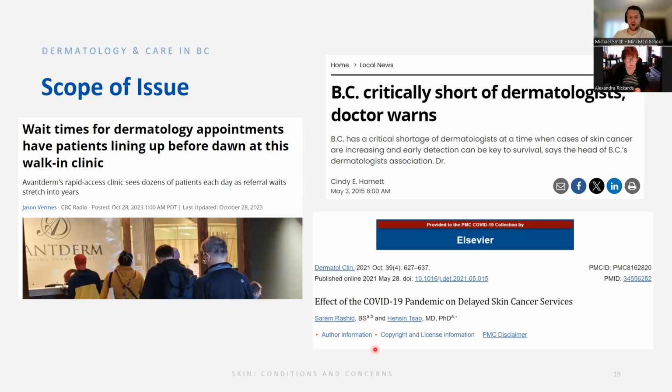Unsurprisingly as well, it's been commonly reported that the COVID-19 pandemic has had an added effect on the problem of the ability to seek care for skin conditions, as it has forced more practitioners into retirement or to provide telehealth services online.